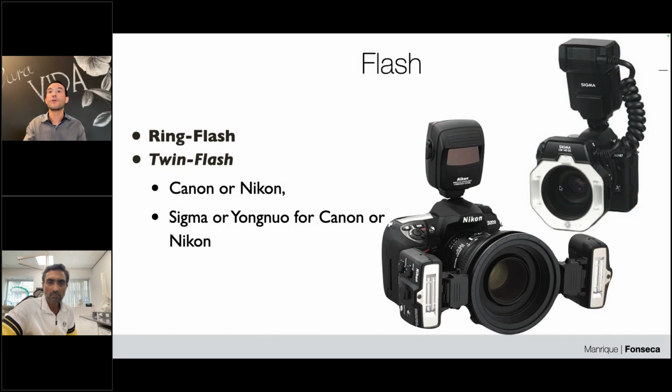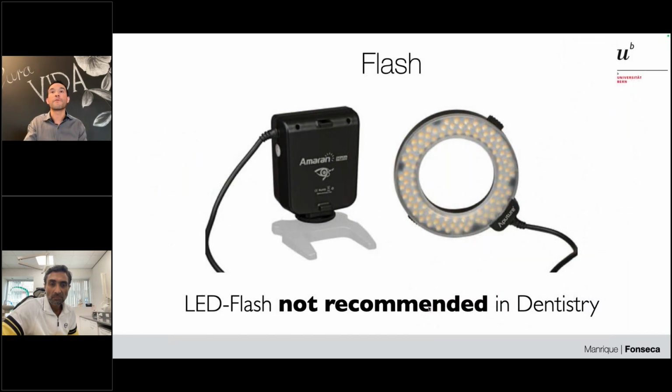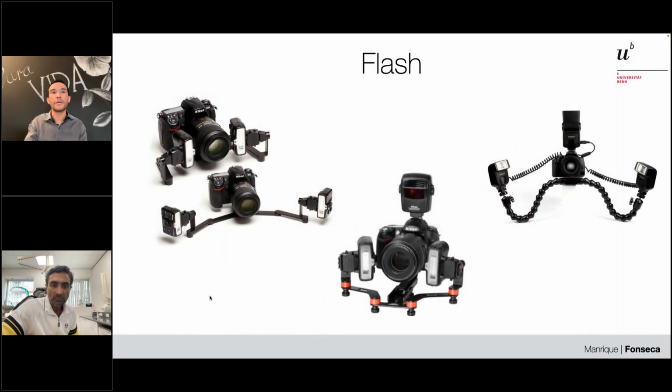Regarding the flash, you basically have two. The ring flash is attached in the front of the camera, or you can have the light coming from the side with twin flashes. And there you have original and also generic ones. The LED flashes, we do not recommend. Most of them are not very good. And then you may also have extra accessories for those twin flashes, and those are brackets.